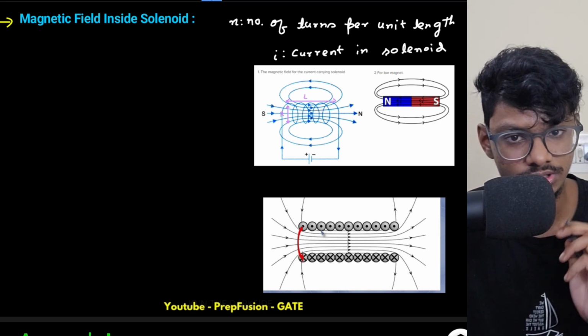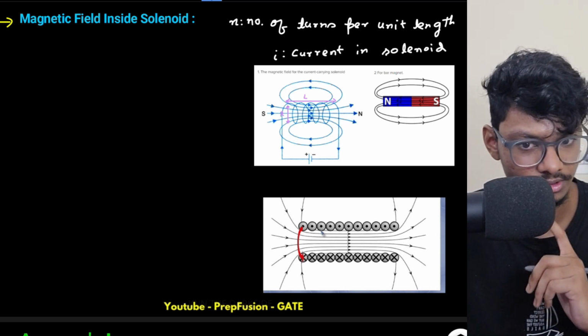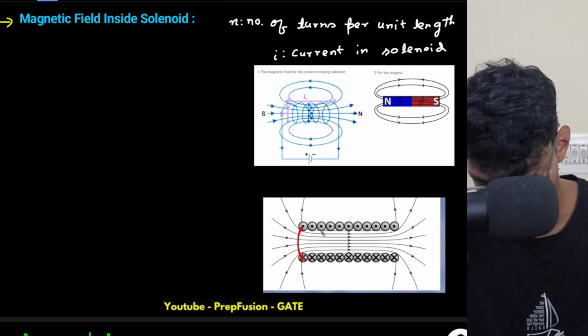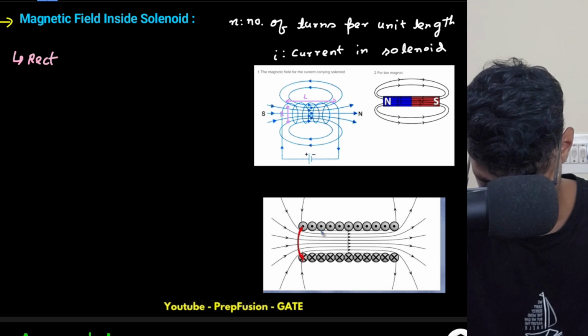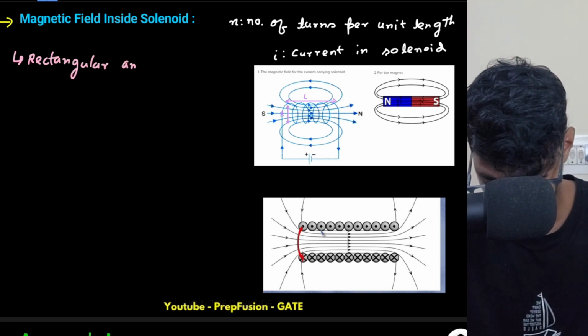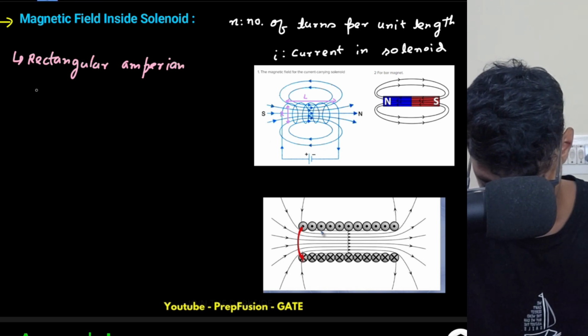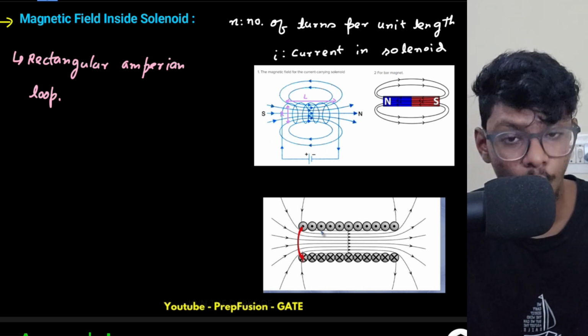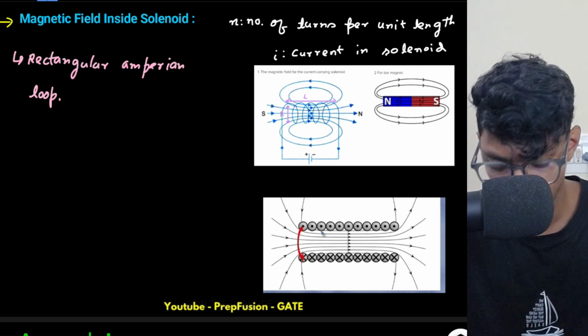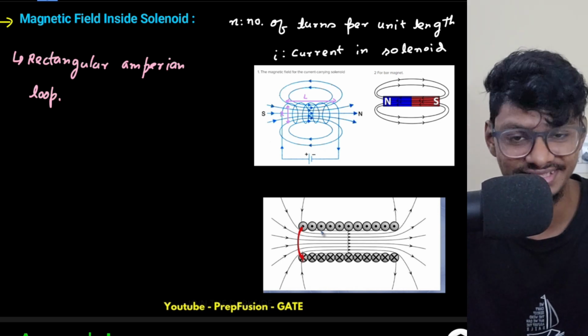So of course I should choose a rectangular Amperian loop here. Why shall I choose a rectangular Amperian loop? The reason is simple.